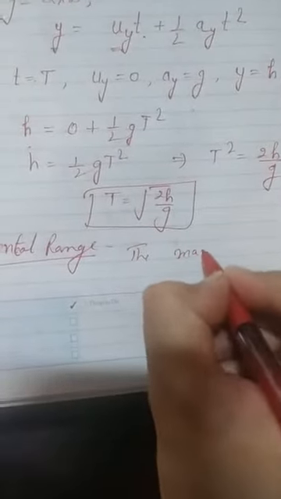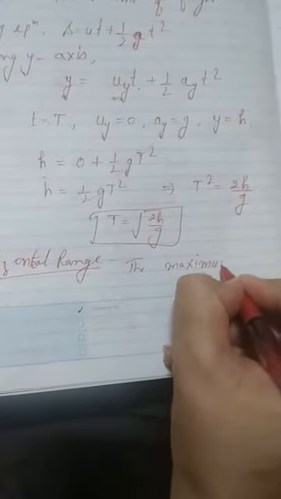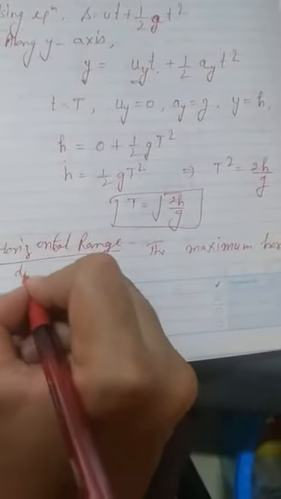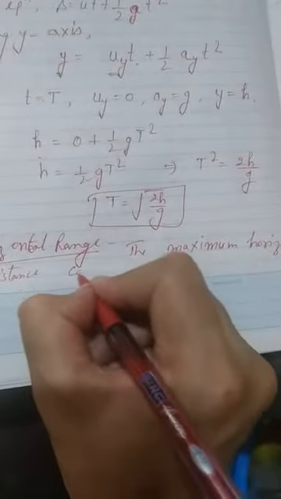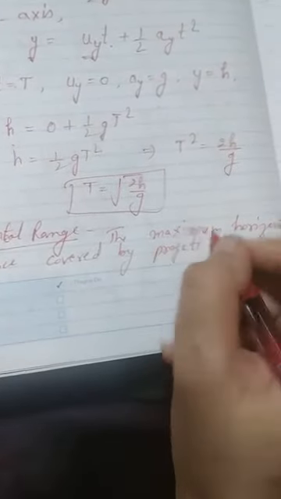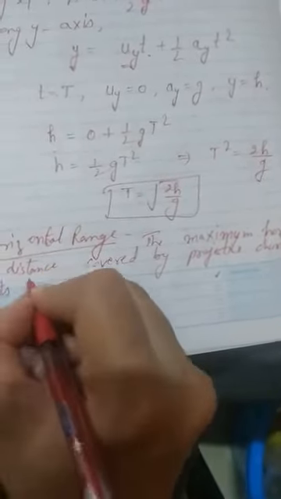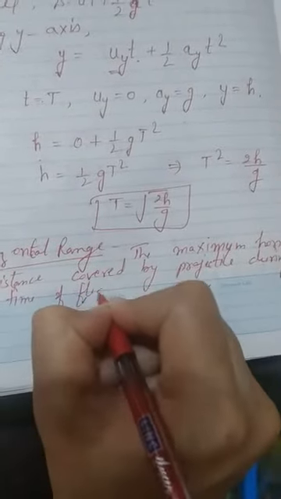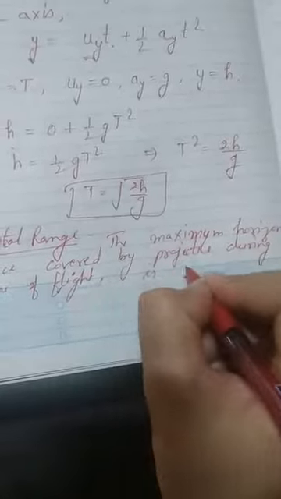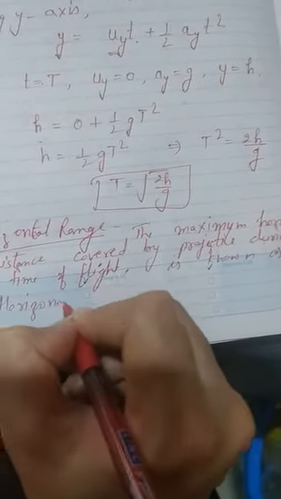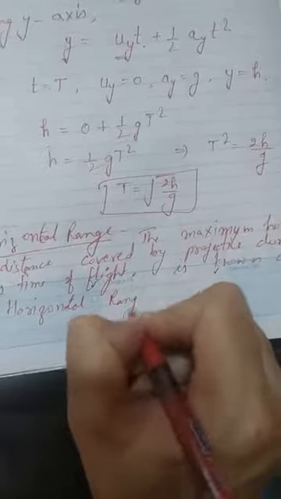The maximum horizontal distance covered by the projectile during its time of flight is known as the horizontal range. Clear? This horizontal range we will find.